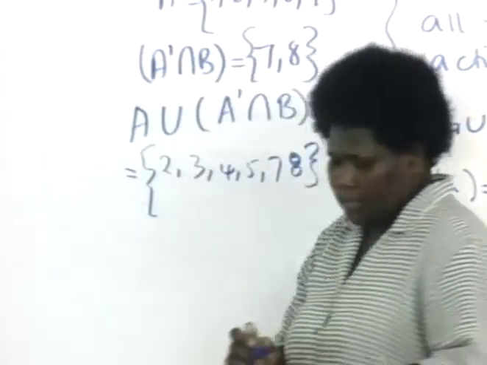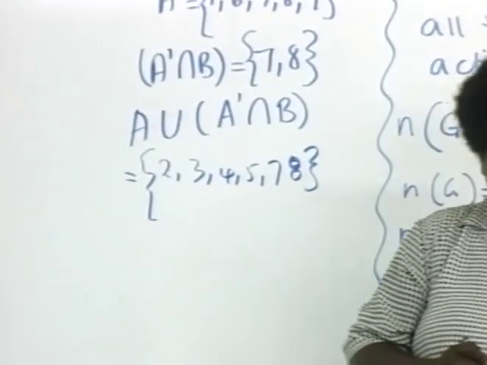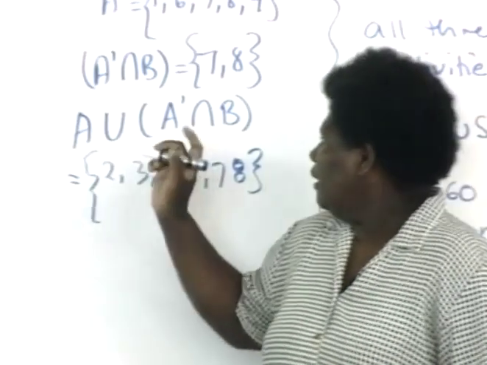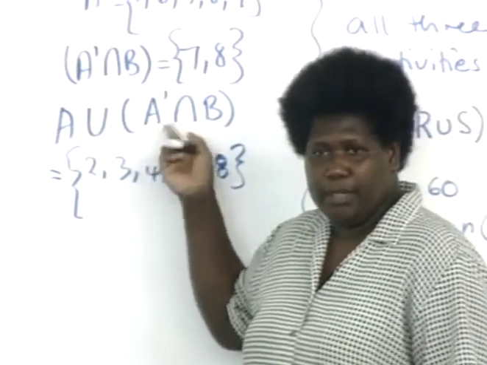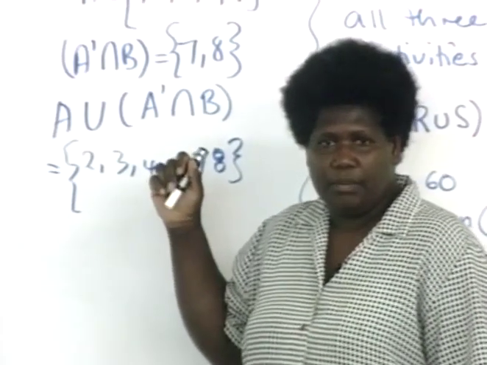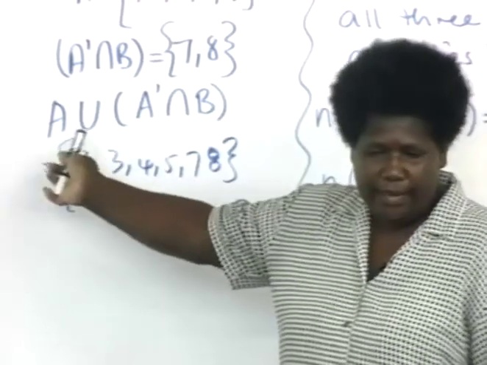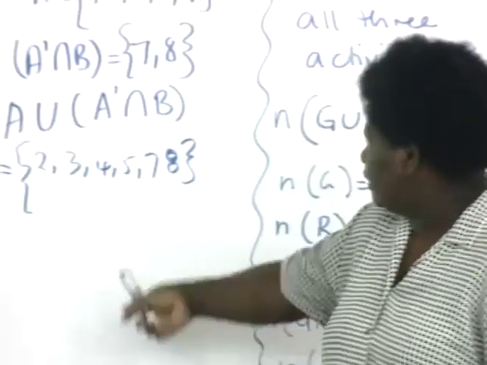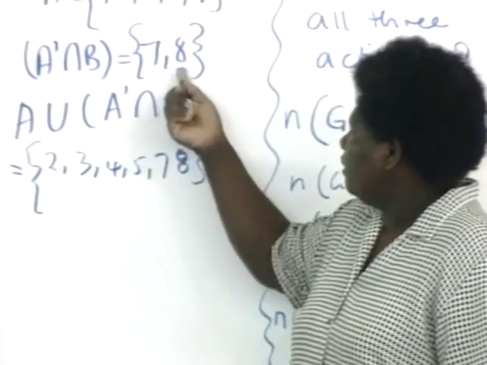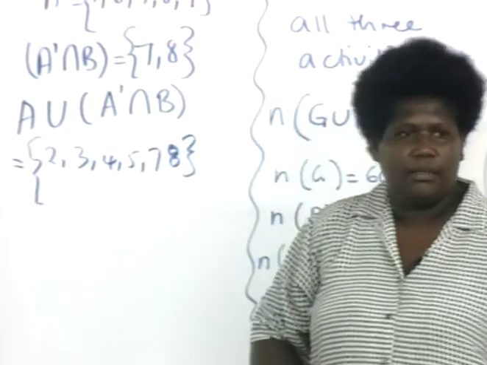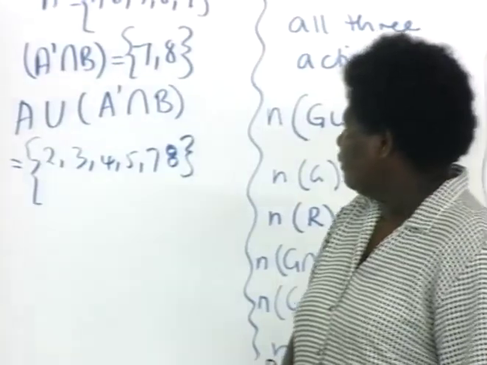Okay, let's check. It includes all the elements of set A and all the elements of the complement of A intersection B. So all the elements of A are 2, 3, 4, 5, and then plus 7 and 8. So that's correct, 2, 3, 4, 5, 7, and 8.